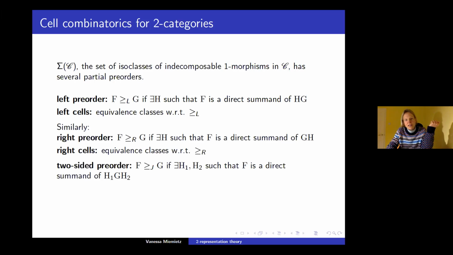And the two-sided preorder is where I'm allowed to multiply on both sides. That gives me two-sided cells, which we also call J cells. This comes from semigroup theory, because these isoclasses of indecomposable one-morphisms form a multi-semigroup, and in semigroup theory, Green's relations are just called L, R, and J.